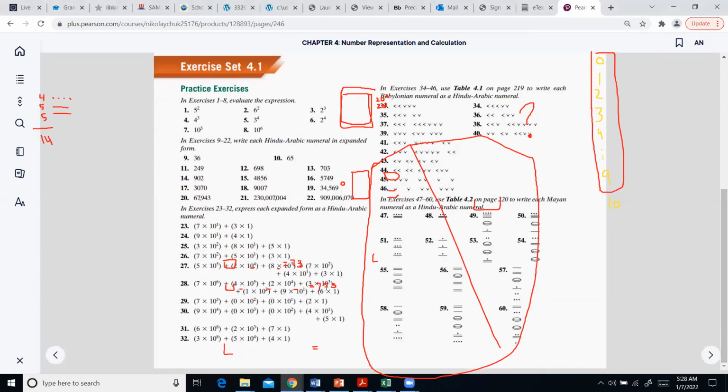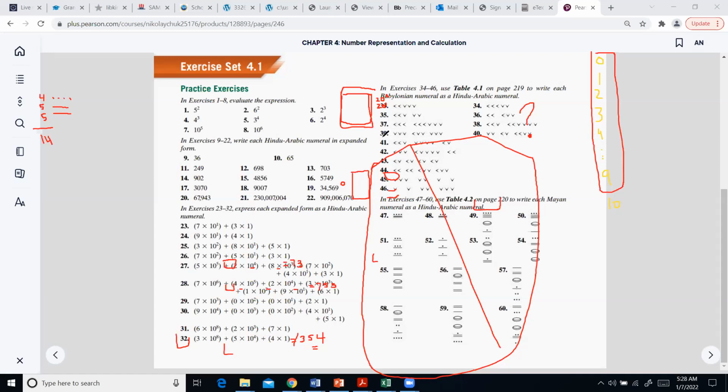So you can see that we have, not 354. Let me do exercise 32 here. It's not really 354, because there are some powers of 10 skipped here.